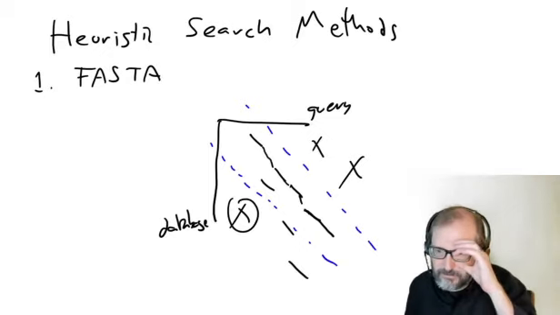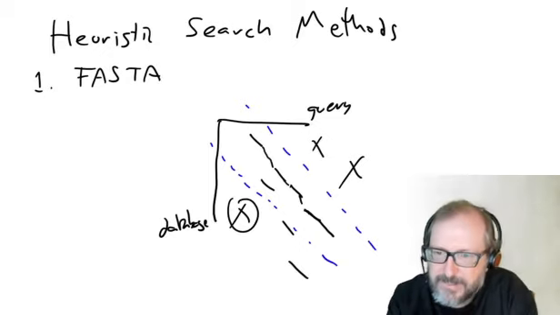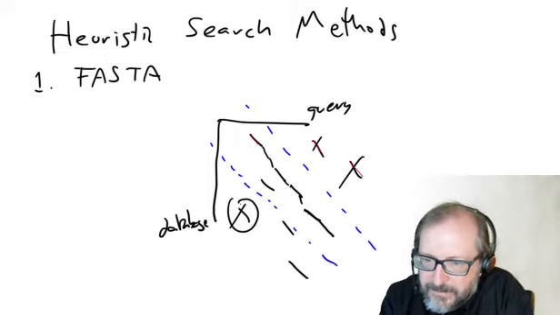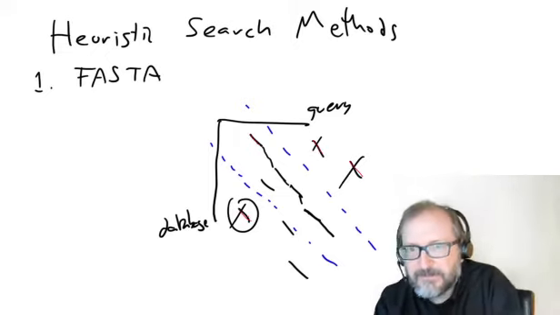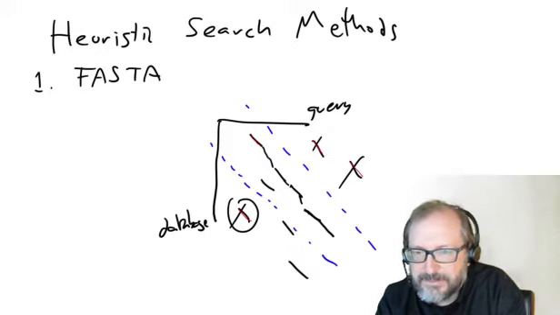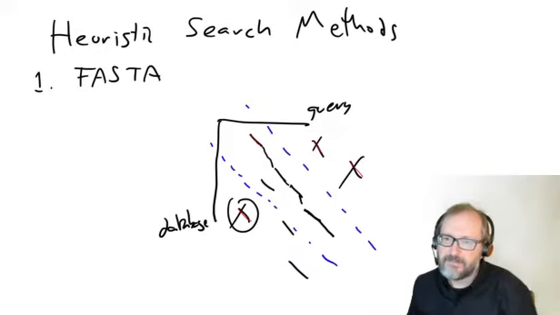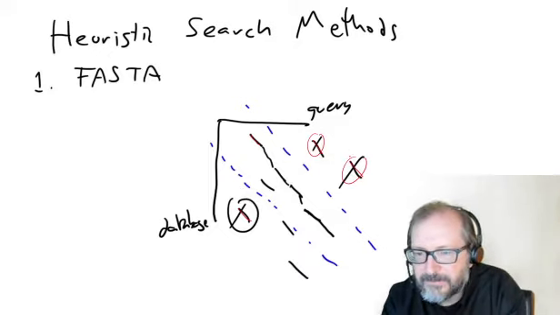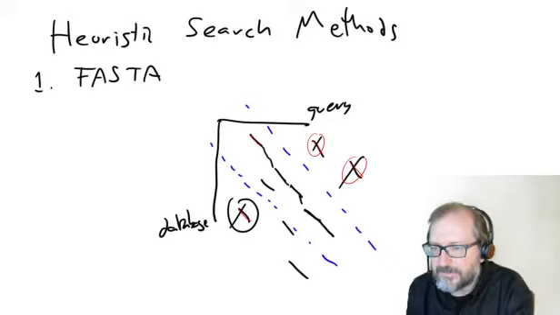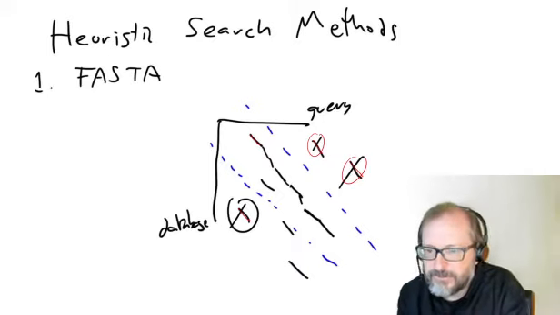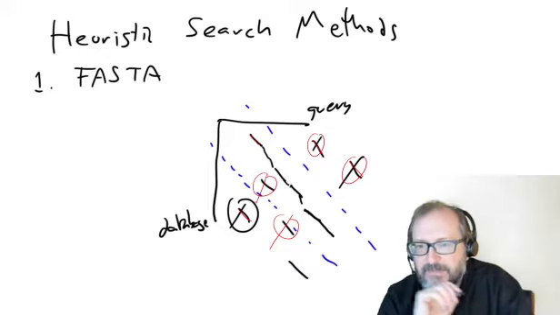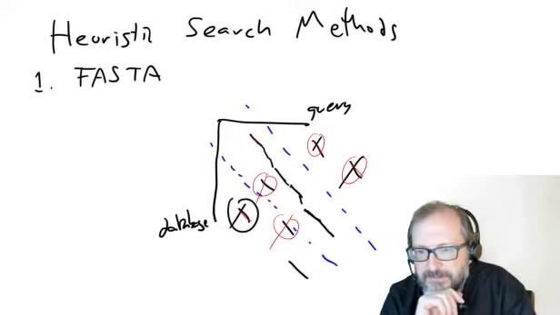And once you have these K-tups, you can think of them as being like these diagonals. You can start eliminating some of them. Like you can make these boundaries that define a band about the diagonal. Anything that's outside of that band, you can just throw away, right? And then you can also do things like throw away the diagonals that are too small. And so maybe that would get rid of this one, maybe that would get rid of this one. And that would leave you with a relatively limited number of diagonals.